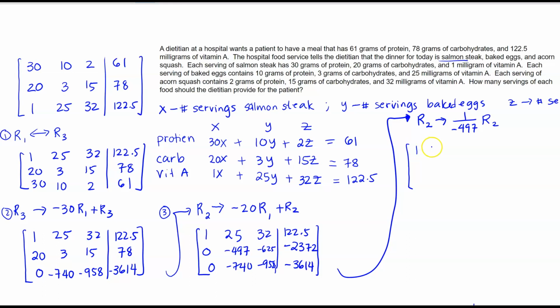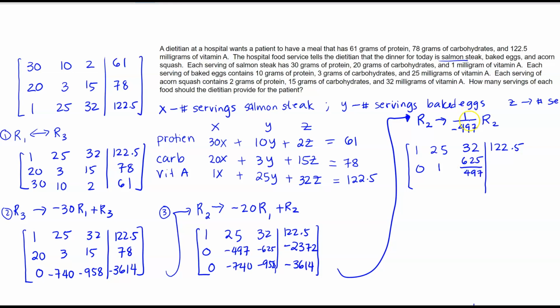So you have 1, 25, 32, and then 122.5. Then here you will have 0, that becomes 1. And then now 1 over negative 497 times negative 625 is just equal to 625 over 497.